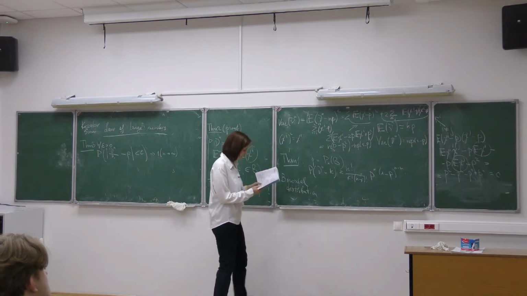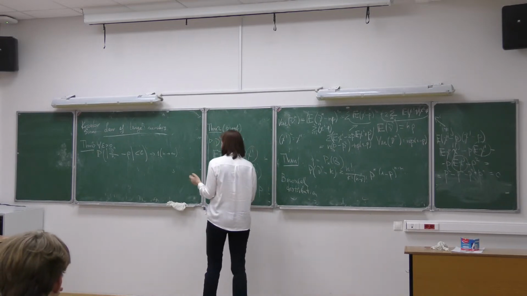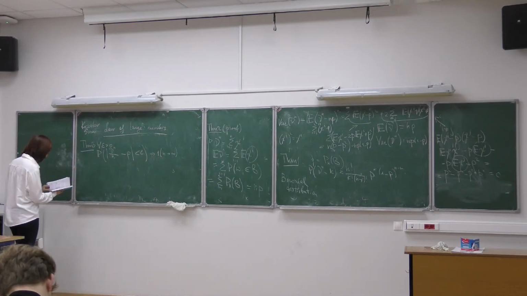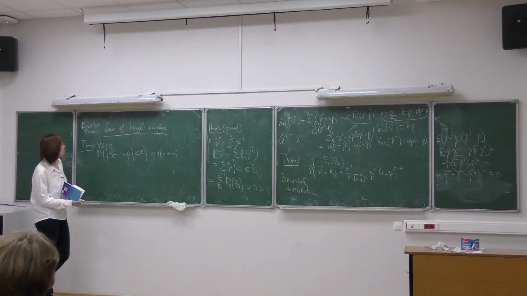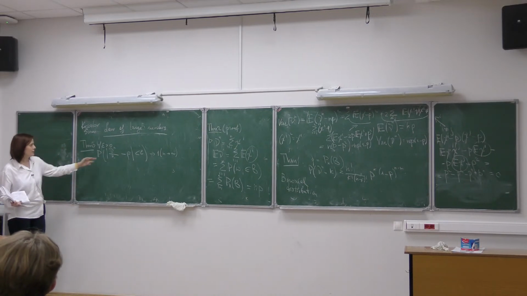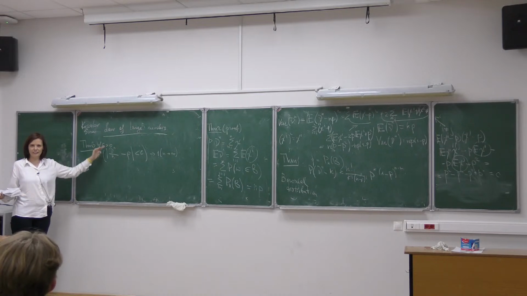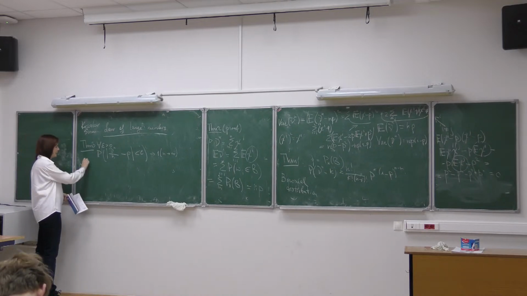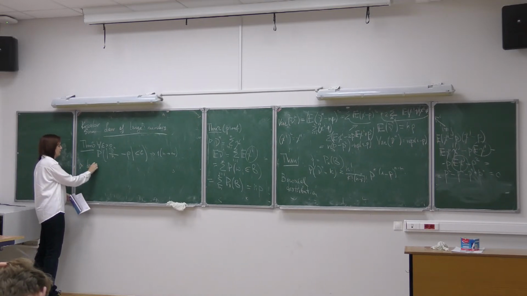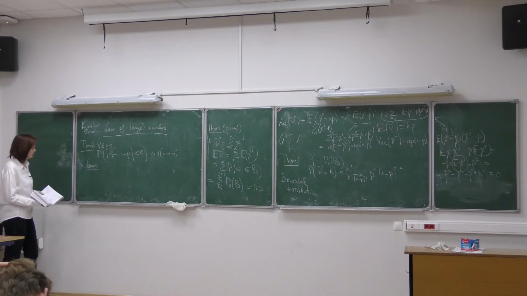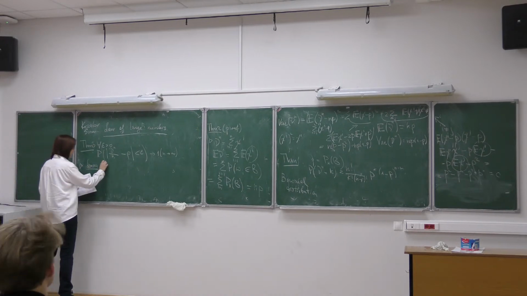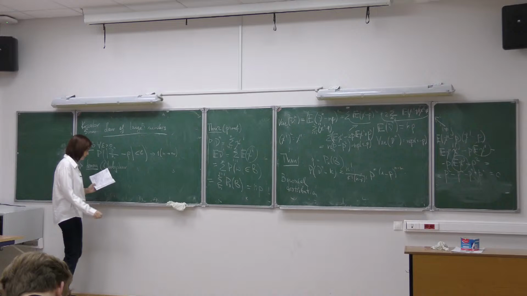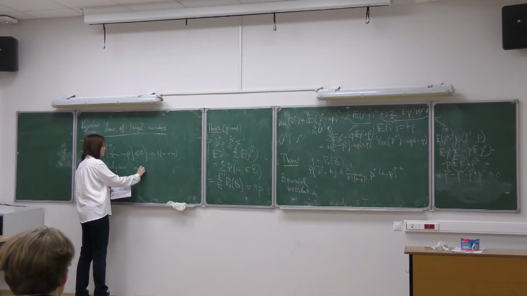Okay, so now it's time to prove our main result for this piece of the lecture. So we will apply all these boring computations to make a conclusion about the asymptotic behavior of this random variable. So first we need a lemma, which is again a classical one from the point of view of probability, but for those who have not studied probability yet, I will make a self-contained proof and recall what it is.